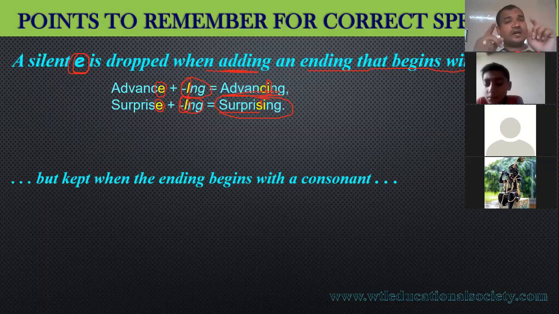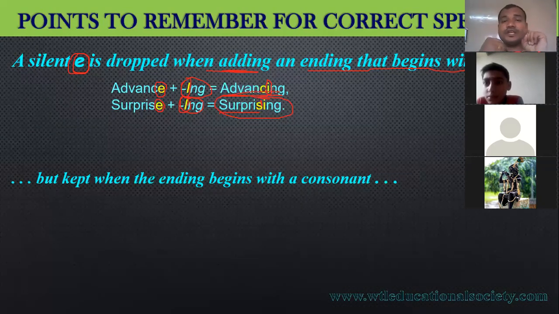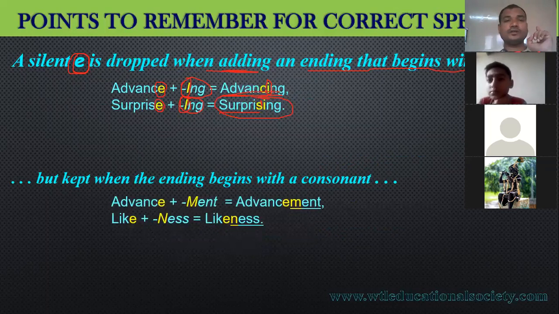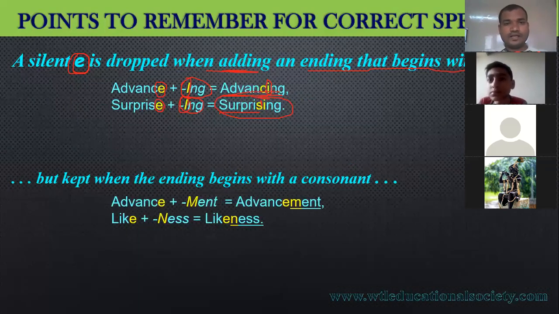If it is a vowel, we drop letter E. But if it is a consonant, we should not drop letter E. This is exactly the opposite point.